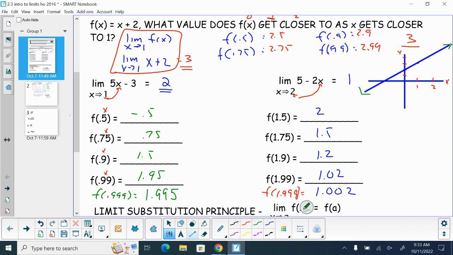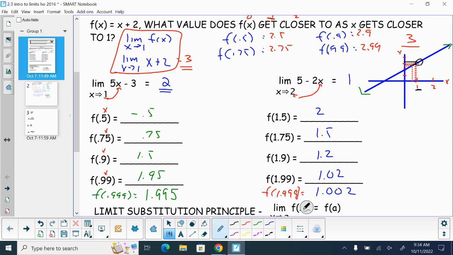What we're looking at with respect to our graph is that our x value is getting closer to 1. Here's my x value, I get this y value. This x value goes to this y value. We are just climbing the ladder along our line, working ourselves up this line. As x approaches the value of 1, what are we approaching? We're approaching the value of 3. So basically, we're just plugging in the value.